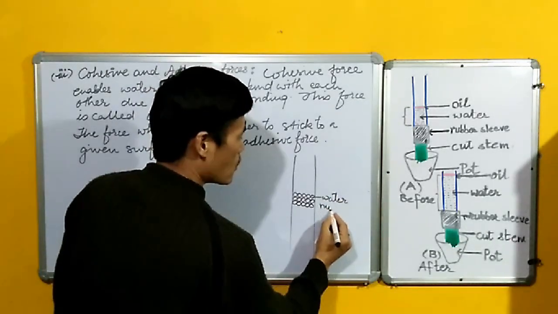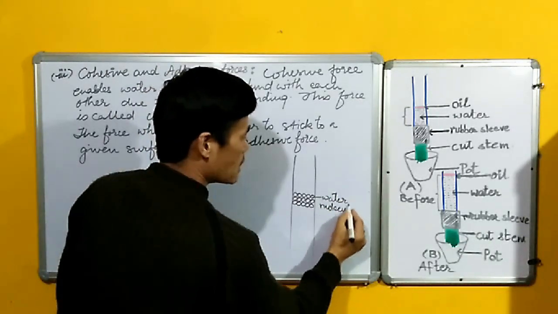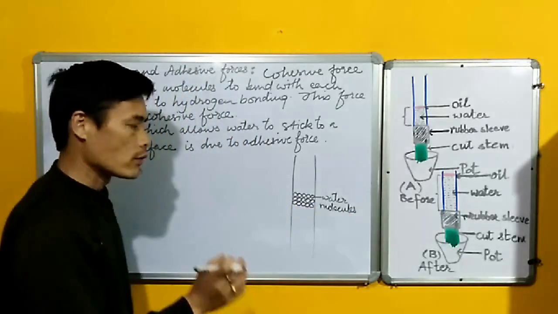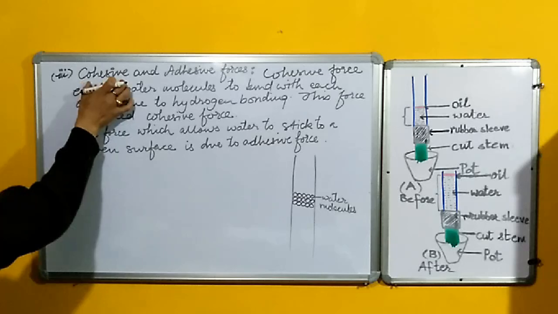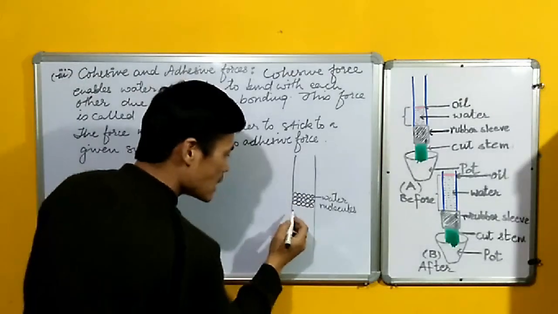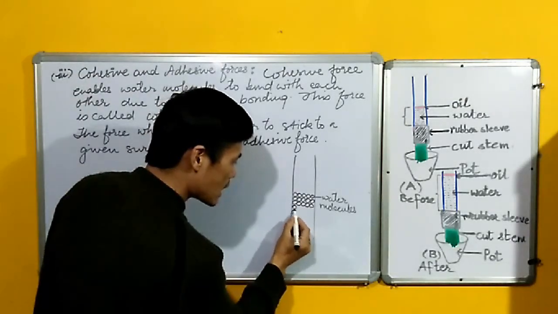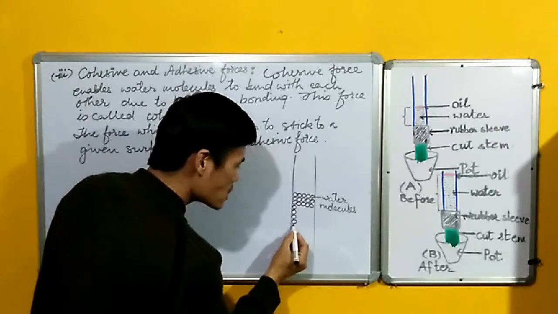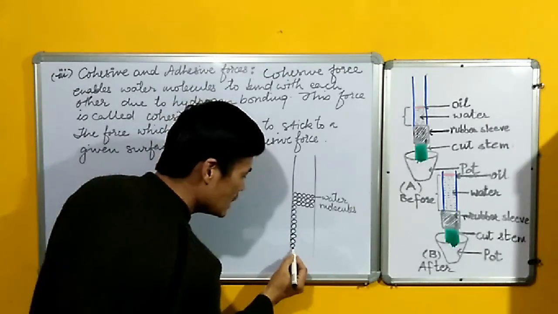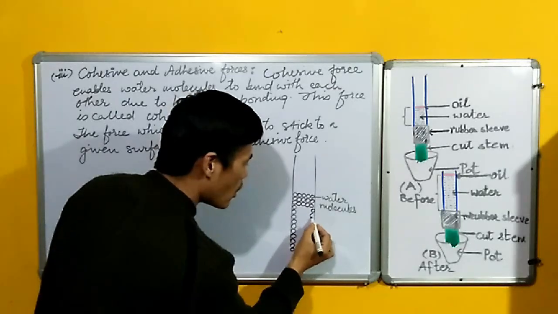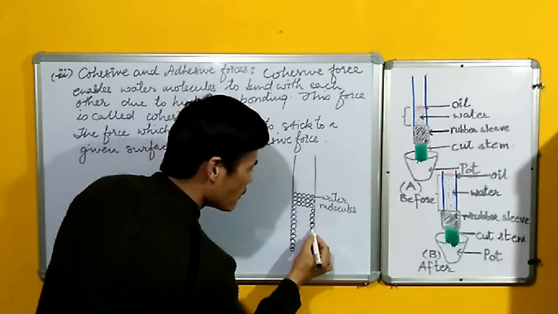This binding of the water molecules with one another is brought about by the cohesive force, and at the same time we see that these water molecules also stick to the inner walls of the xylem vessel.